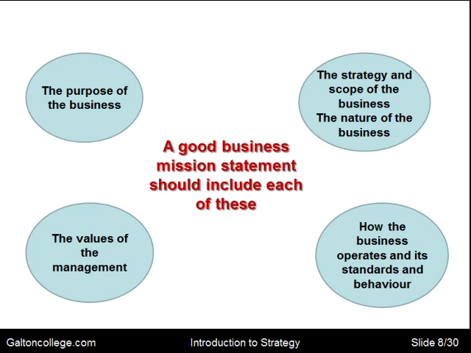So a good mission statement should make reference to each of those. Not a long reference, just perhaps a sentence, but something brief that at the same time demonstrates each of those to the reader. So the reader is able to figure out the business very quickly by reading the mission statement.